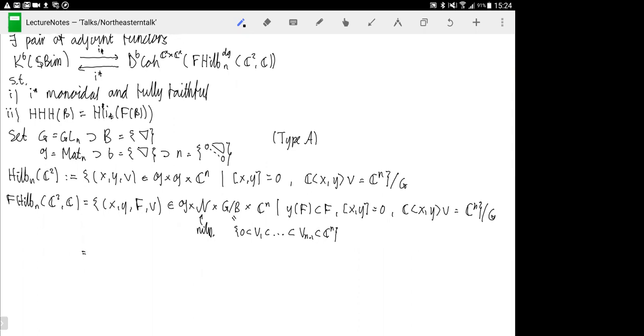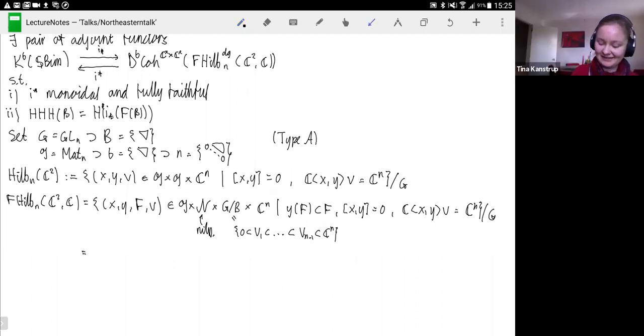Hi, Tina, just a quick question. Can you maybe think of this flagged Hilbert scheme as some kind of bundle, or not a bundle, but a fibration over a Springer fiber or something? Yes, actually the very last thing I'll give you is a construction which will produce pretty much the space starting from that, so that's the way I like to think about it.